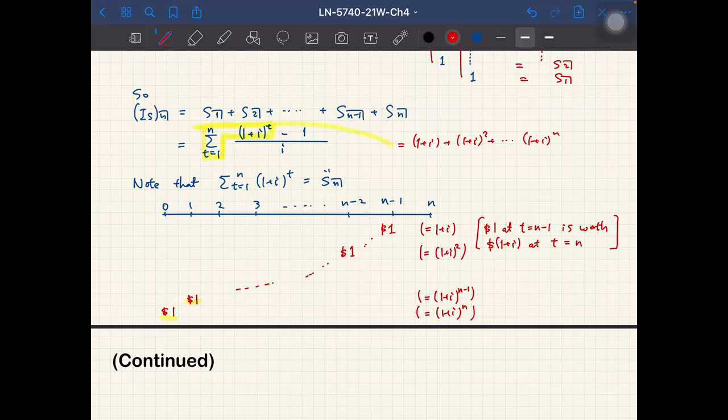But actually this amount is the accumulated value of these payments, because the $1 at time n minus 1 is worth 1 plus i, $1 at time n minus 2 is worth (1 plus i) squared, and so on.